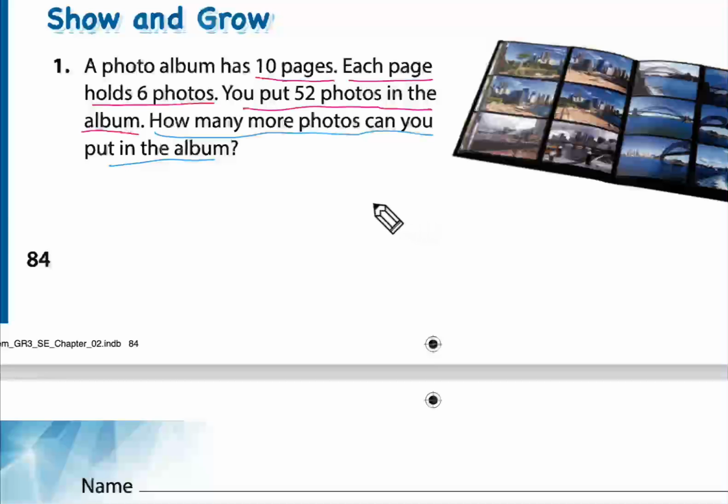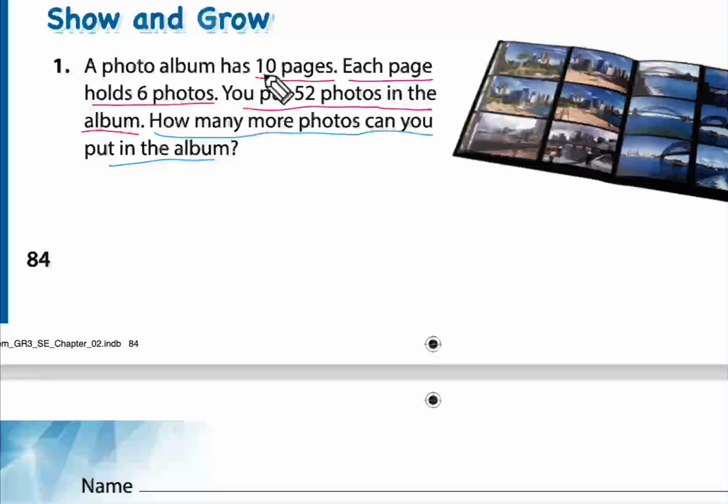What should we do, my heroes, to find the total number of photos that we can put in this album? We can put 6 in each page, and we have 10 pages. So the first step is multiplying 10 by 6, because we repeat the 6 10 times.